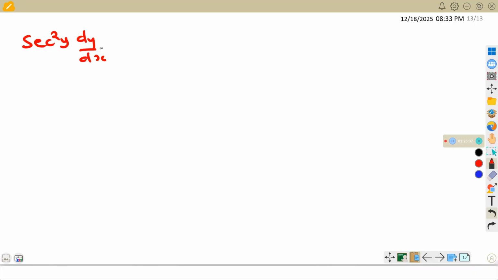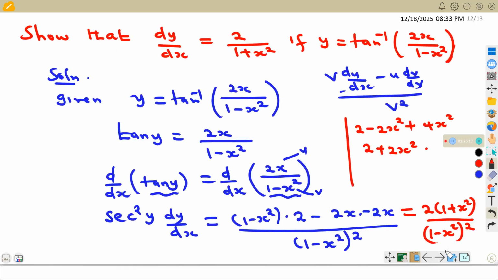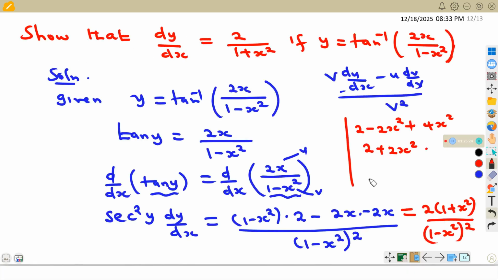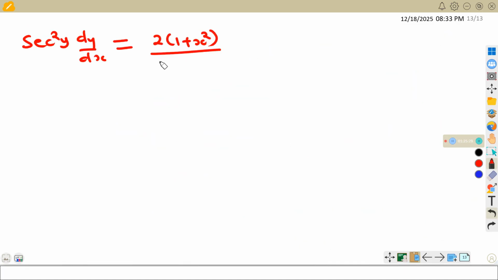So sec squared of y dx is equal to, let us try to have this. This is 2 into 1 plus x squared over 1 minus x squared again squared. So I want us now to divide it through by sec squared.